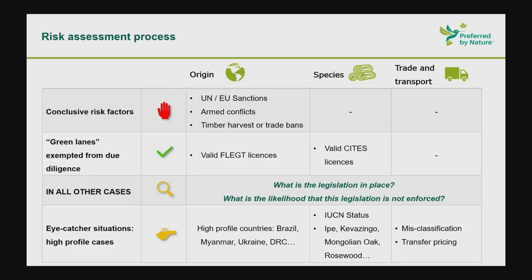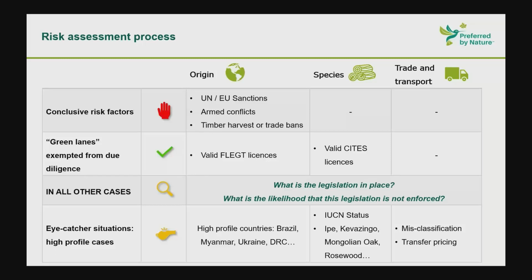And of course, this is a bit more obvious, but any timber which is under a harvest or a trade ban should not be placed on the EU market. So those are conclusive risk factors, which are just no-go based on the origin.